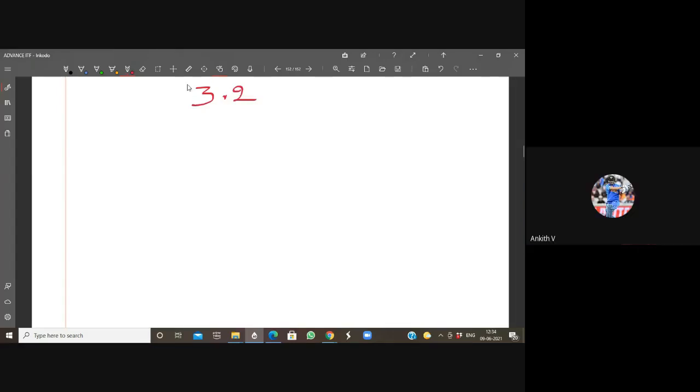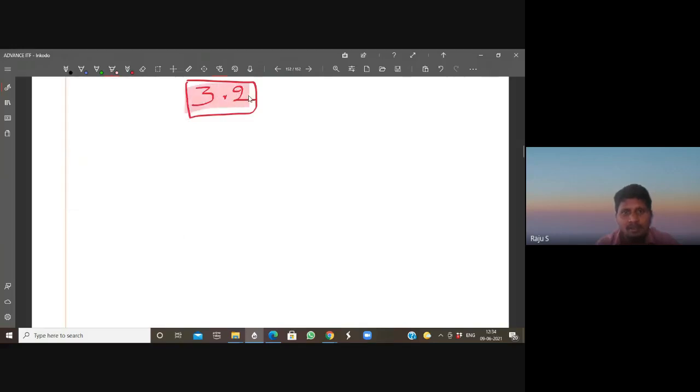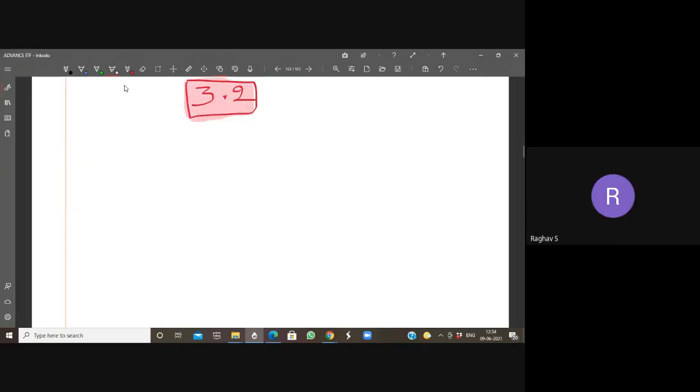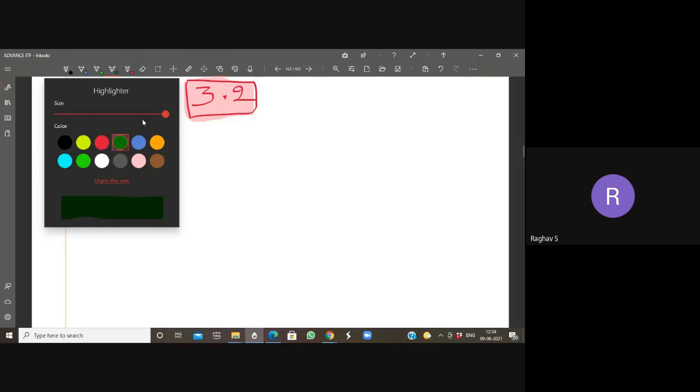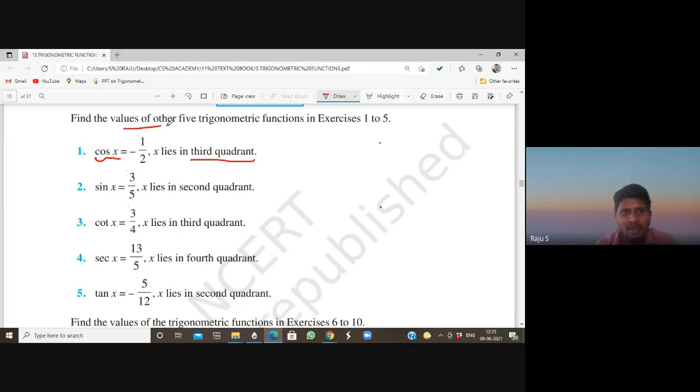So here in the question, exercise 3.2. Sir, we'll not do exercise 3.1, sir? Yeah, I'll explain, no problem. After this, I'll explain that 3.1. So theta equal to 210 degrees, sir. Yeah. See, we don't want the theta value here. What is the question? Find the value of the other 5 trigonometric functions.